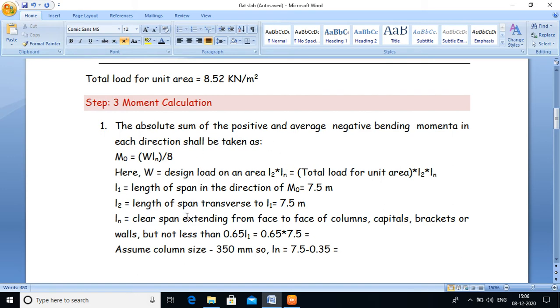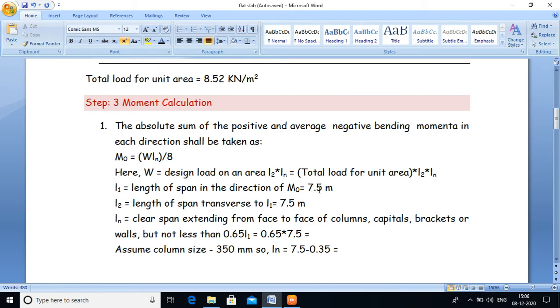Again I have given the explanation for that here, where L1 is nothing but the length of span in the direction of moment. So L1 is what? The length of span in the direction in which we are going to find the moment. Here the center to center span I have taken as 7.5 meter. In both directions we have the same span, so the values of L1 and L2 are the same.